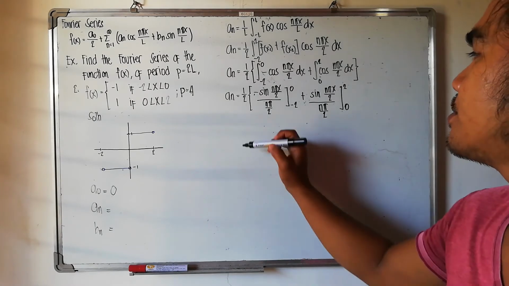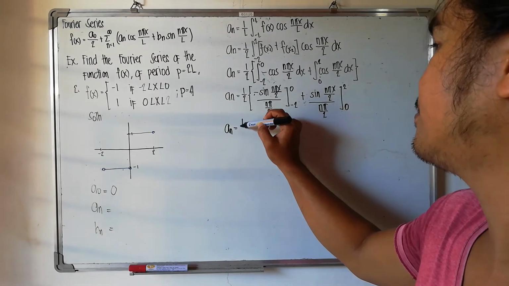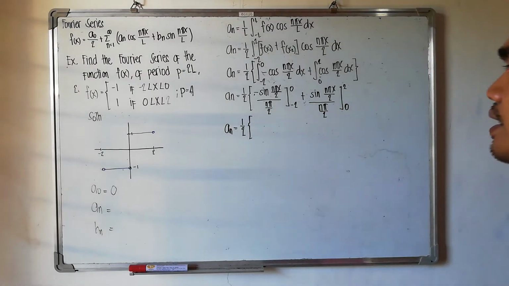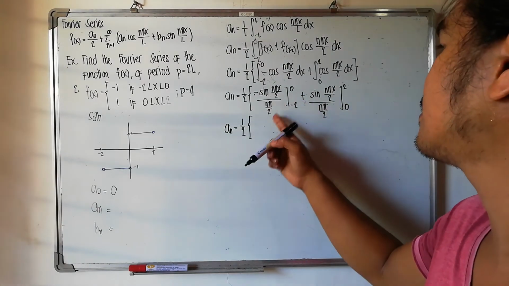Then simplify the equation. So you have a sub n is equal to 1/2. Then you will have reciprocal times the reciprocal divide.